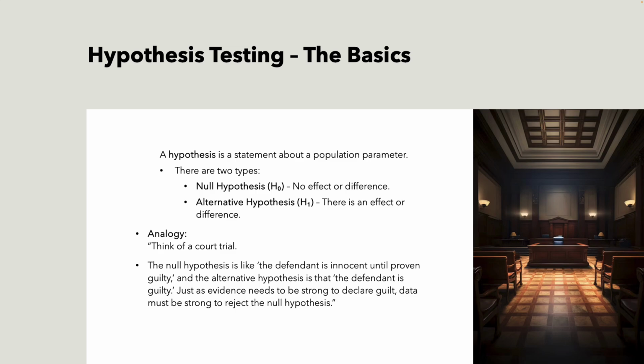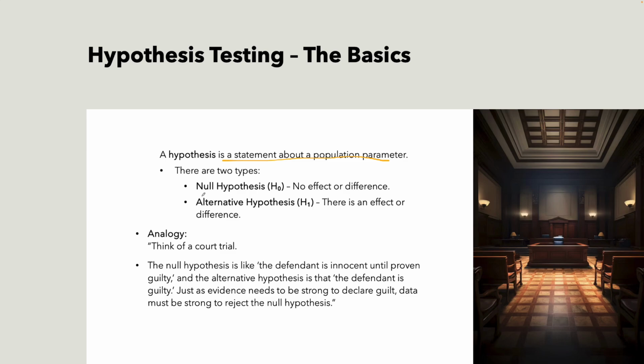When we form a hypothesis, we do it to investigate if what we're observing in our sample reflects reality in the population, or if it doesn't. So we'll have a hypothesis, which is a statement about the population and the parameter.